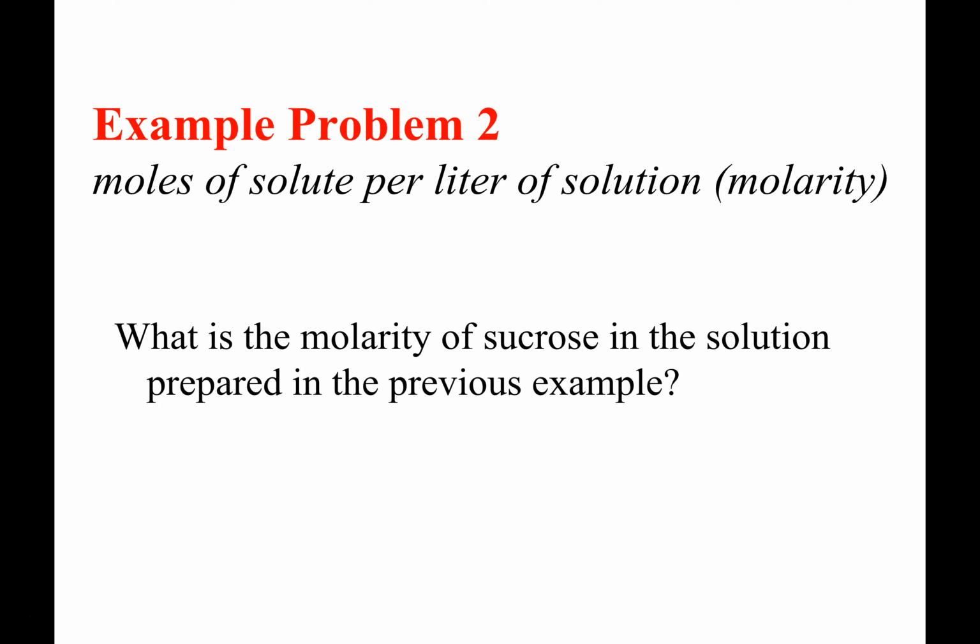All right, so we're going to piggyback from that 144. So before we had 144 grams of sucrose per 1 liter of solution. How do we get from grams to moles? Gen Chem 1 thing. Molar mass. I can tell it's hurting your brains.